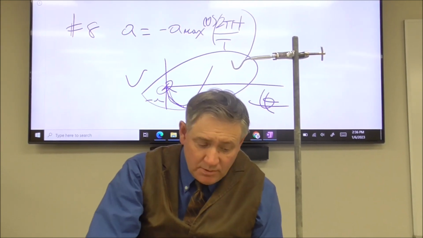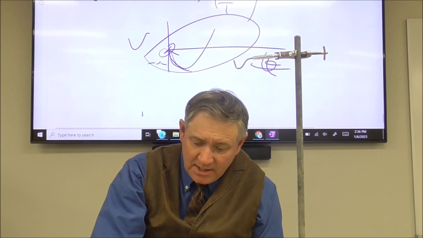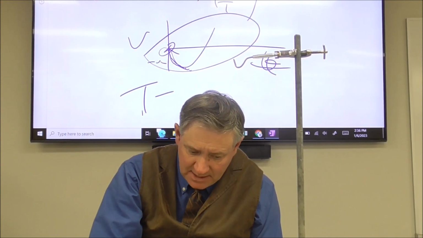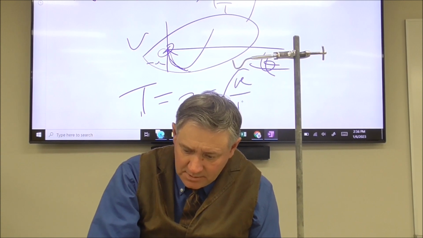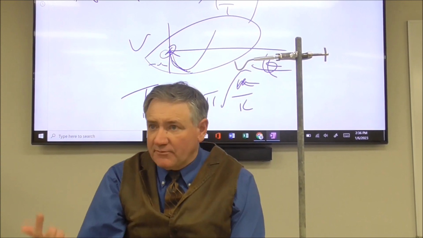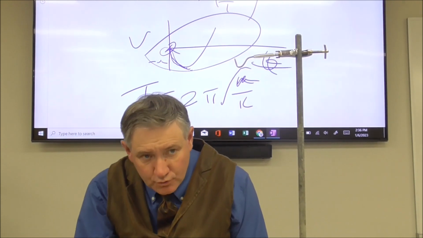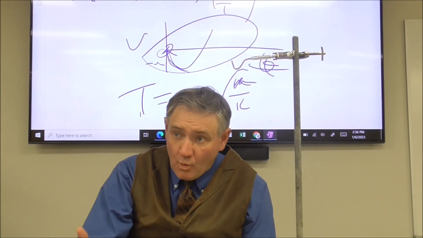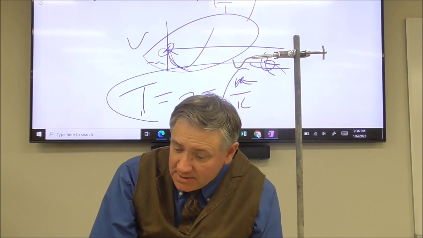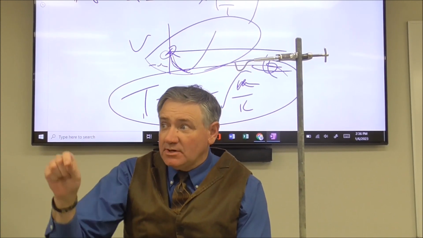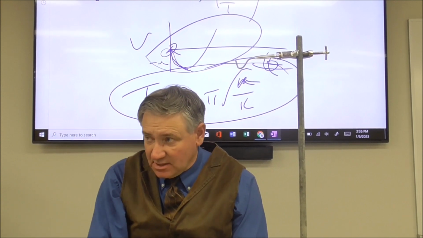On question number 13, explain it in terms of the idea that T equals 2 pi times the square root of m over k. What could you measure, and then how could you use that in terms of this equation to determine the mass of that chunk of iron?